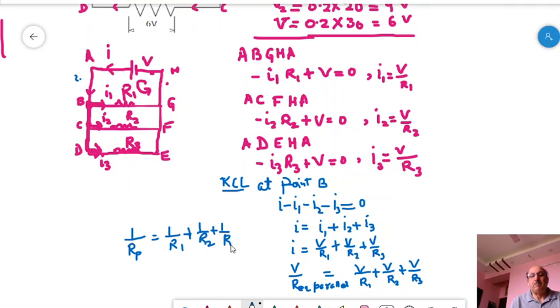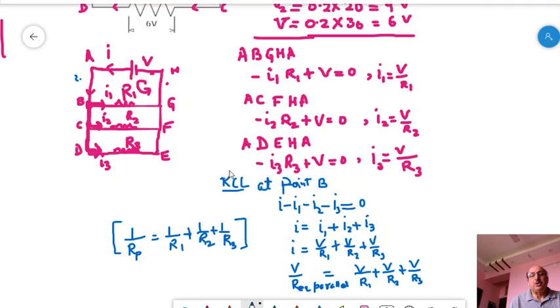So, using Kirchhoff's voltage law, we find out the equivalent resistance in the circuit, that is 1 by Rp is equal to 1 by R1 plus 1 by R2 plus 1 by R3.